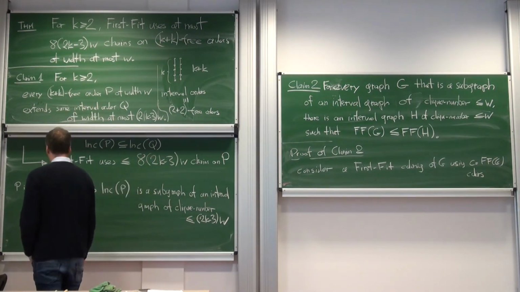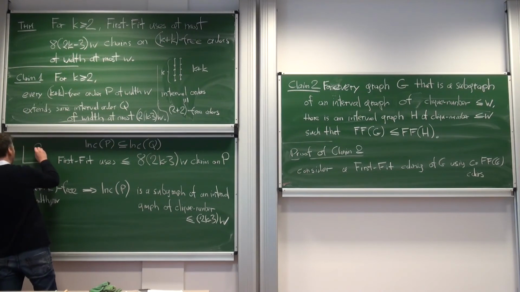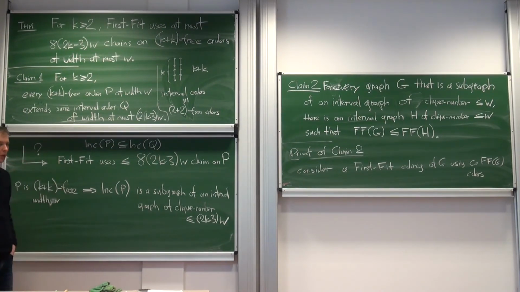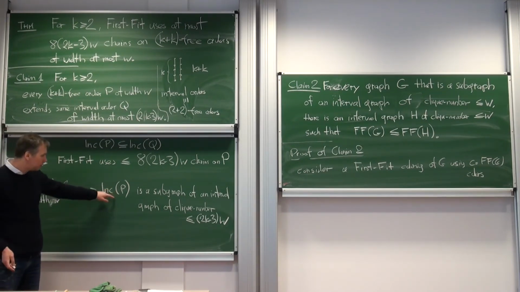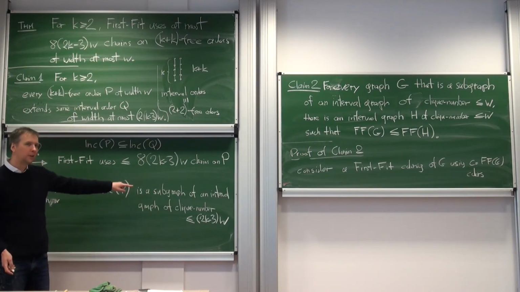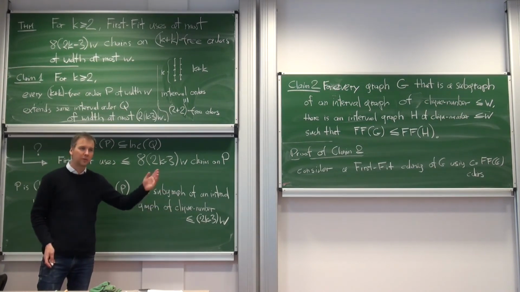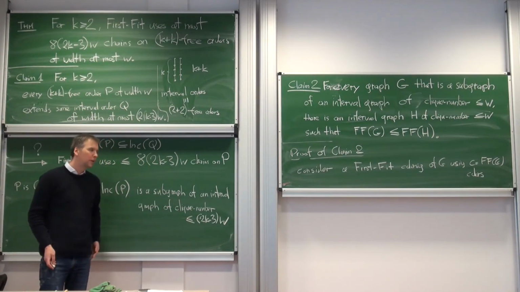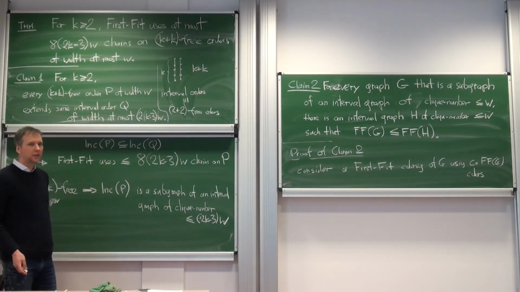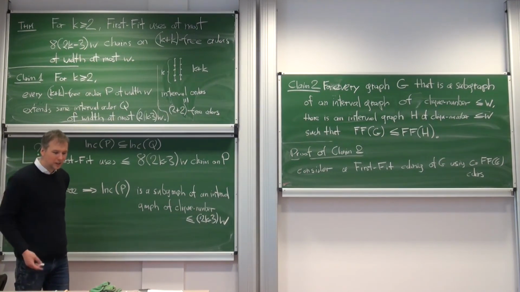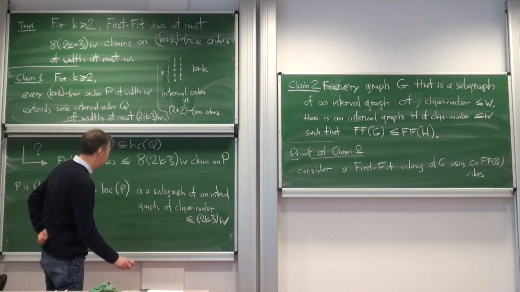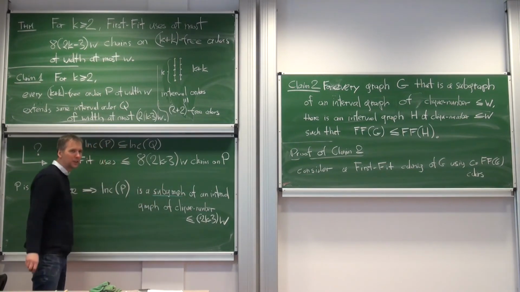Well, again, P is k+k-free with width W. We know that the incomparability graph of P is a subgraph of an interval graph of this clique number, or corresponding poset of this width. Is it enough to apply the 8W bound? Well, no, not at all, because this is tricky here.